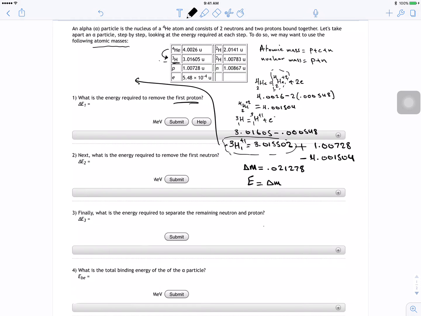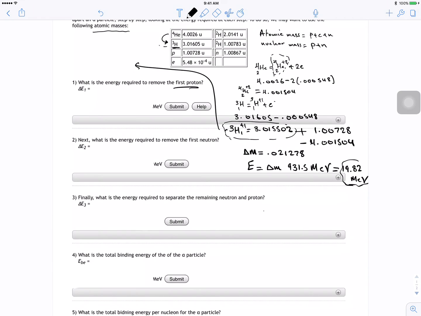So we multiply delta M times 931.5 MeV, and for this I got 19.82 MeV. So we're done with this one.